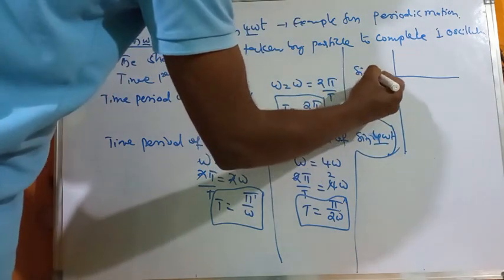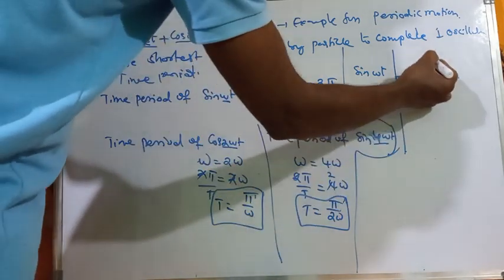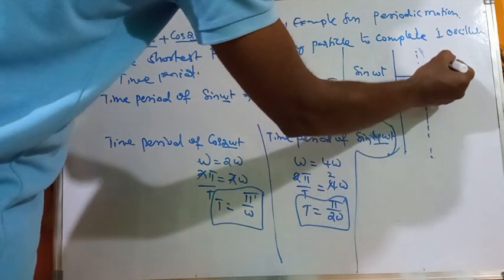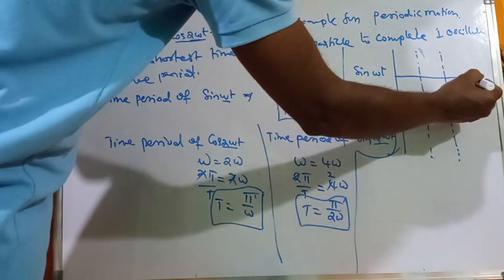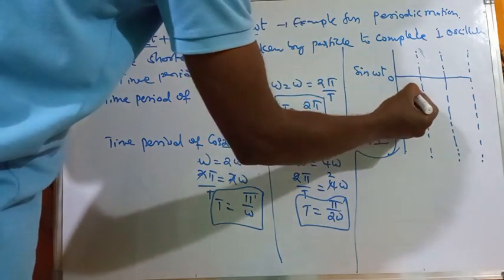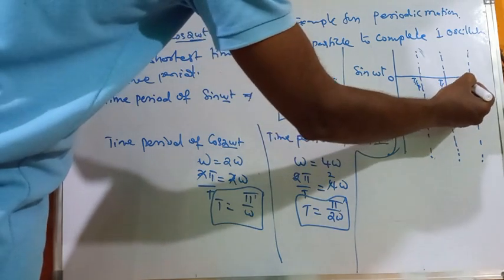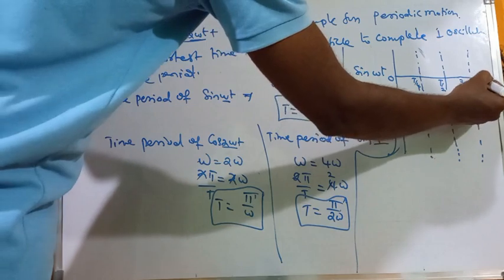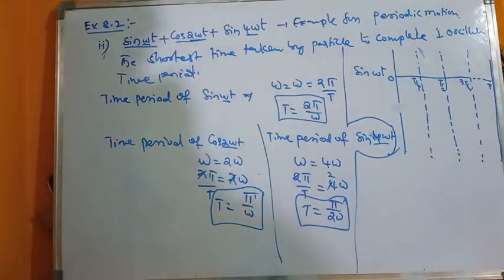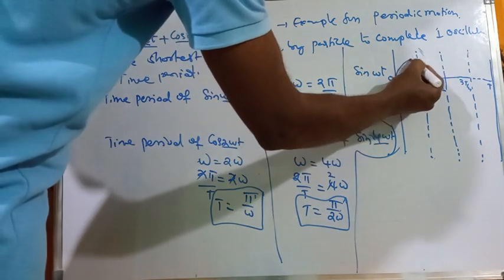For sin omega t, this is the 0 time, this is T by 4, this is T by 2, this is 3T by 4, and this is capital T. So sin omega t starts from 0, and we get the curve like this.